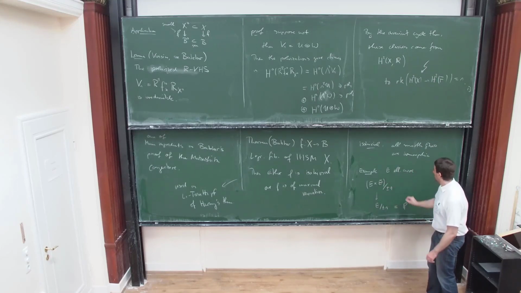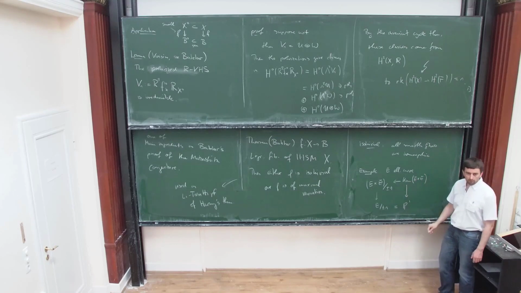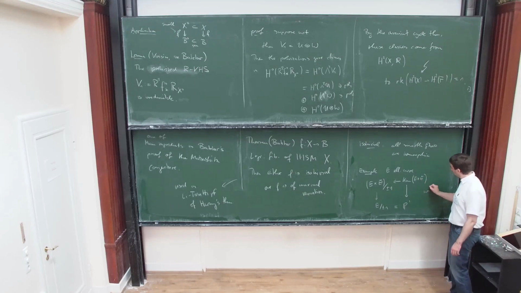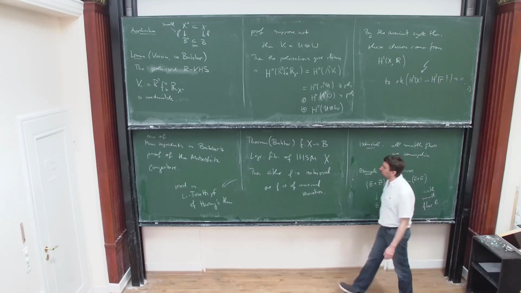And here you take the resolution, which is the Kummer surface of E cross E. And that is an isotrivial fibration of a K3 surface with a smooth fiber E. So there's only this E, that's an isotrivial thing.